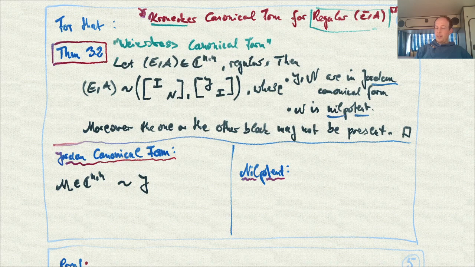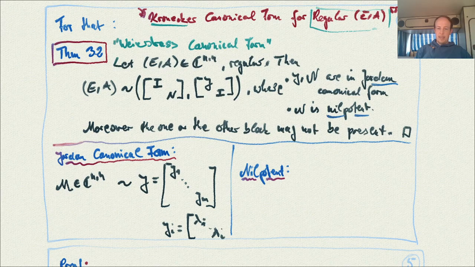It will always be similar to a J matrix that looks like J1 to some Jm, where the Ji are these Jordan blocks, with lambda i on the diagonal and ones on the above diagonal. So these are the typical Jordan blocks.